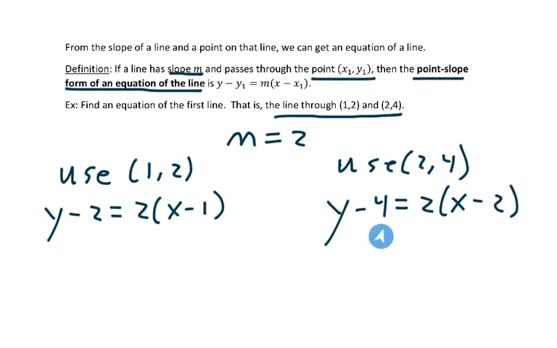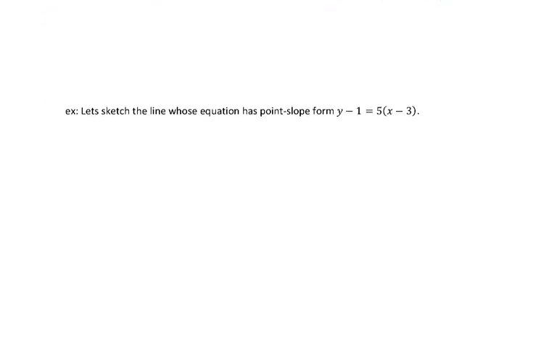Again, you have y minus the y coordinate equals the slope 2 times x minus the x coordinate. Now, even though the equations look different, these are equations of the same line, okay? I'm just using different points in each case.